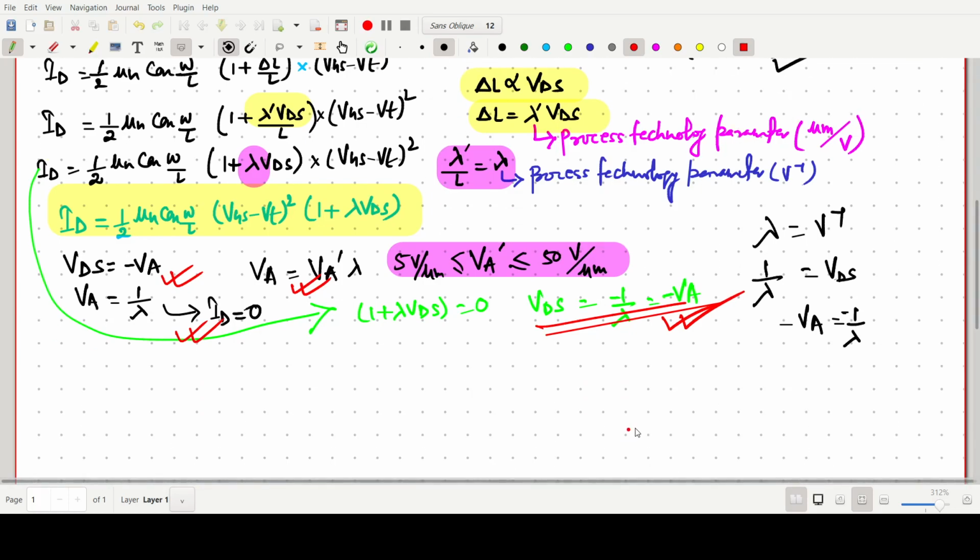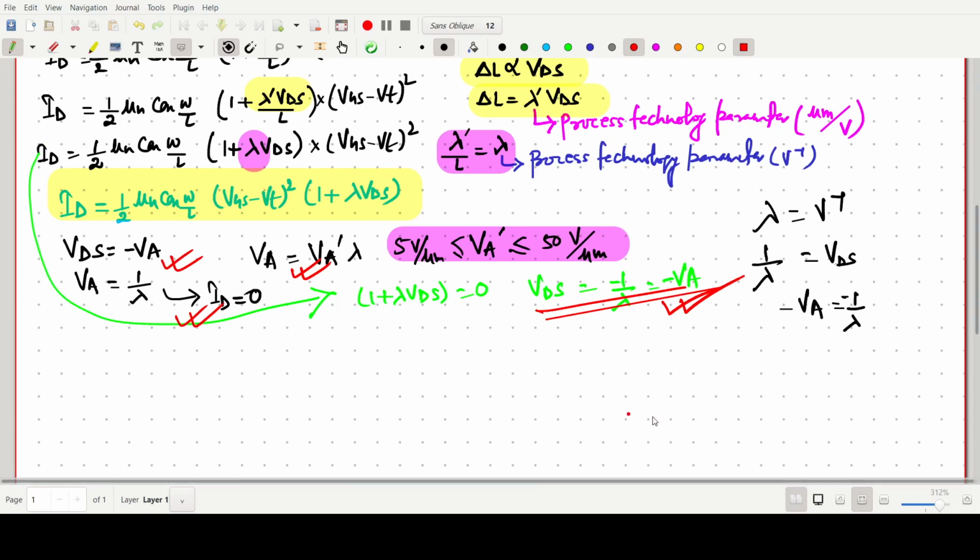Clear? So now we are going to discuss the output resistance, the finite output resistance calculation.